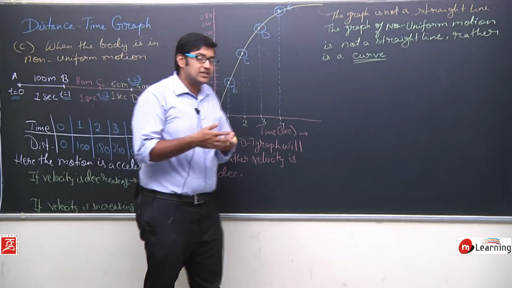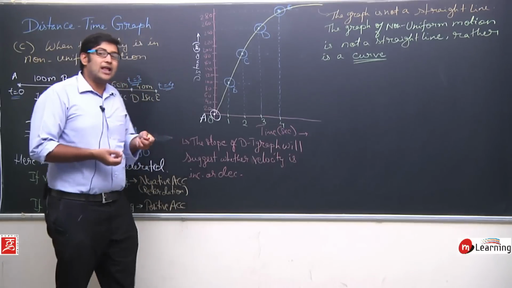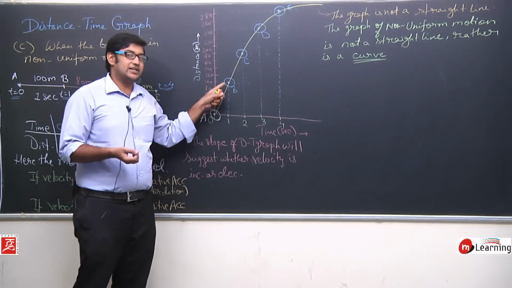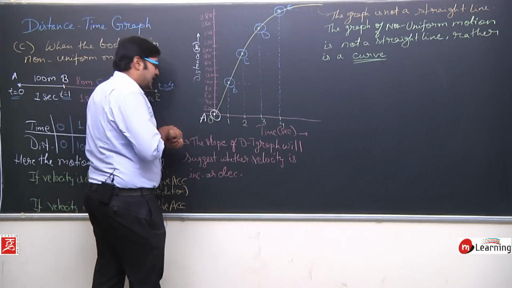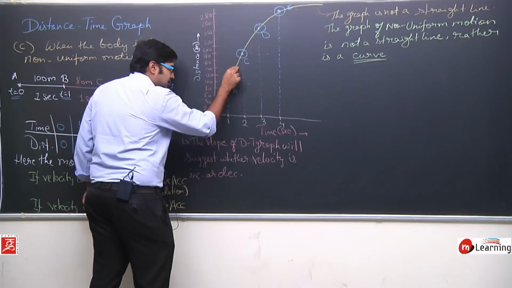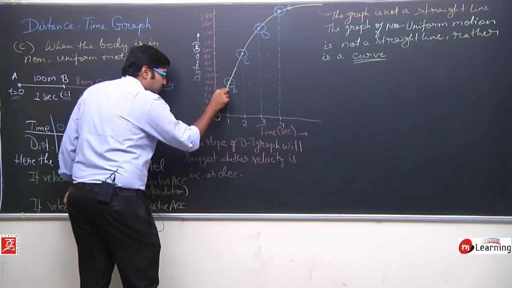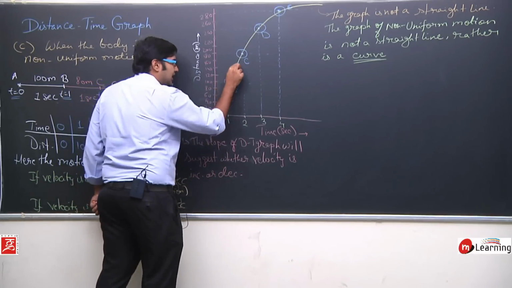Now how can we judge using the graph? Let's understand this. If I ask you to calculate the velocity of this object at point B, then I will draw a straight line at point B. Okay, just see this. I will draw a line which is exactly straight at point B, which is going to touch the horizontal axis.